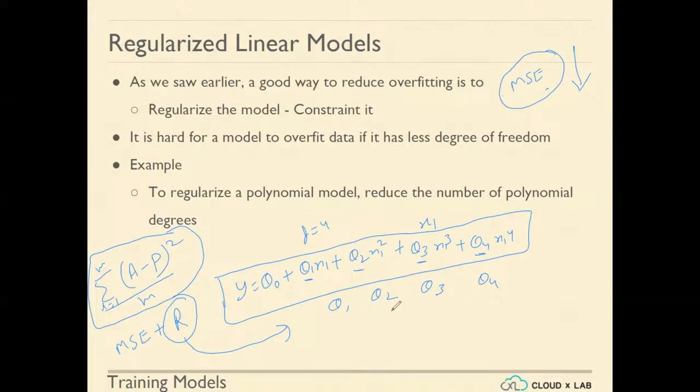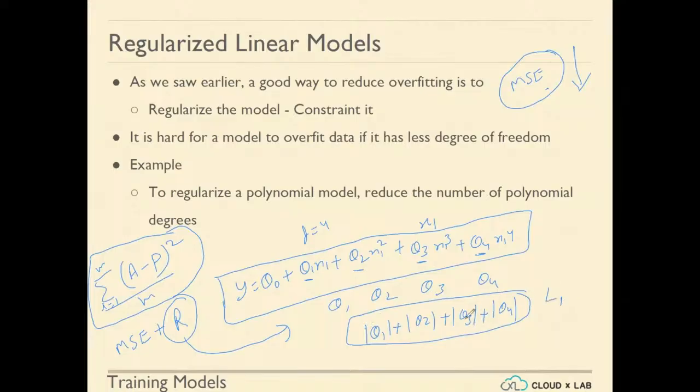If we want to add more conditions, there can be several methods for regularization. One simple method is to take the absolute values of these thetas: theta 1 plus theta 2 plus theta 3 plus theta 4, right? If you take absolute values, this type of regularization is called L1 regularization.